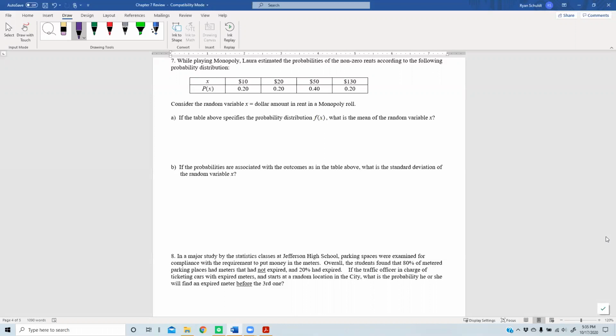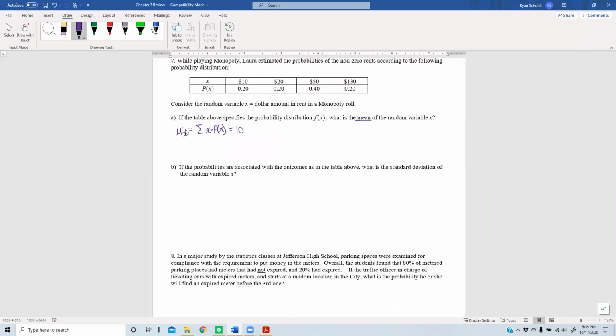So first they ask us to find the mean. Well, since this is just a distribution, the mean is the sum of your x times your probability. X times the probability of x.